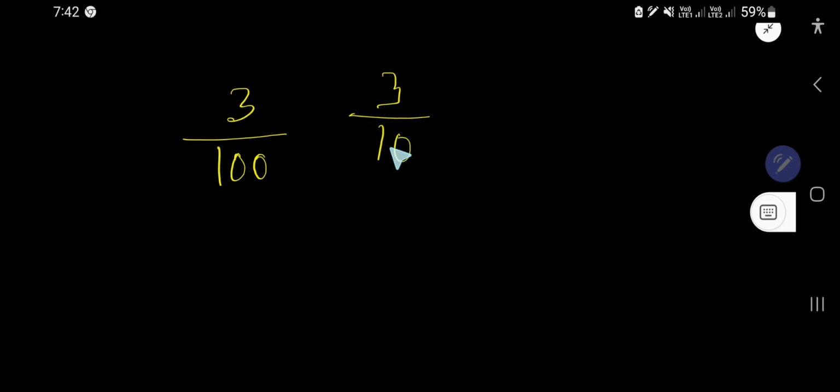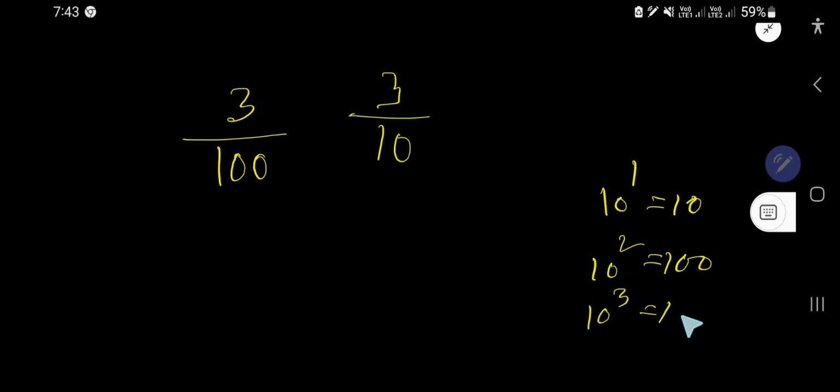So how to look? The denominator is a power of 10. 10 to the power 1, which is 10. 10 to the power 2, which is 100. 10 to the power 3, which is 1000. So if you get a denominator like this, then it is easy to convert it to a decimal.